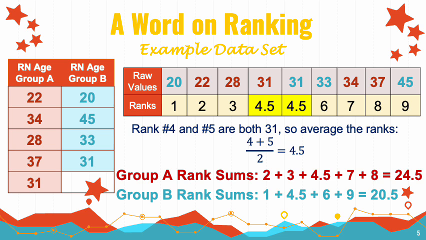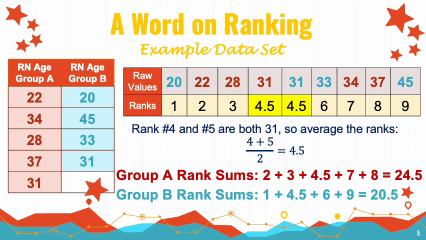And so each of those numbers gets the ranked value of 4.5. As we move forward, the next number, 33, is not the fifth place, but rather the sixth place in line. So we go back to starting with whole numbers at 6. We would continue this process, which I did for all 9 values.